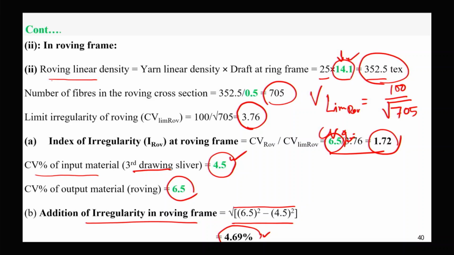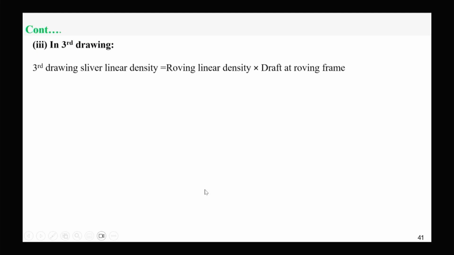Now let us come to the third draw frame stage. At third draw frame stage, third draw frame sliver linear density equals roving linear density multiplied by draft in roving frame, this is in tex.